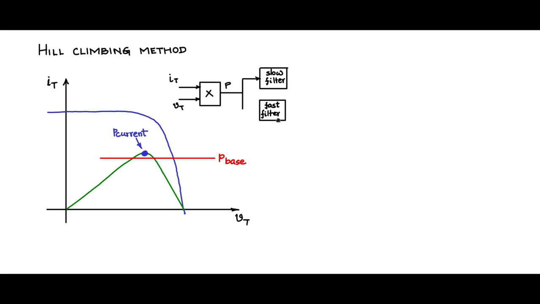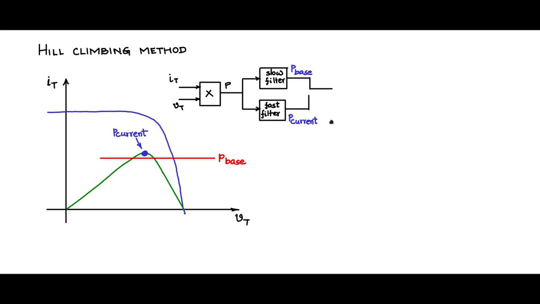The reason I call it a fast filter is that this filter has a low time constant, a small value of RC, so that it is dynamically much faster than the other. Therefore I will call the slower one P base, which corresponds to this P base line, and I will call the faster one P current, which corresponds to the moving operating point dot.